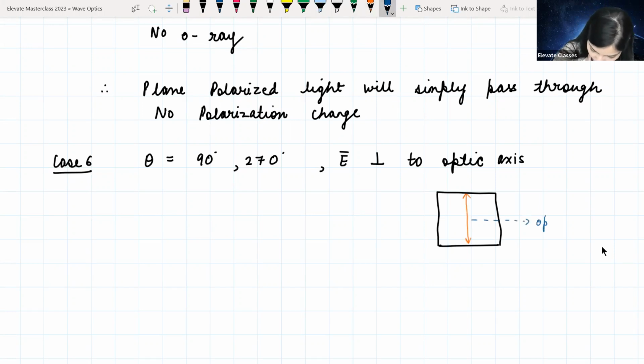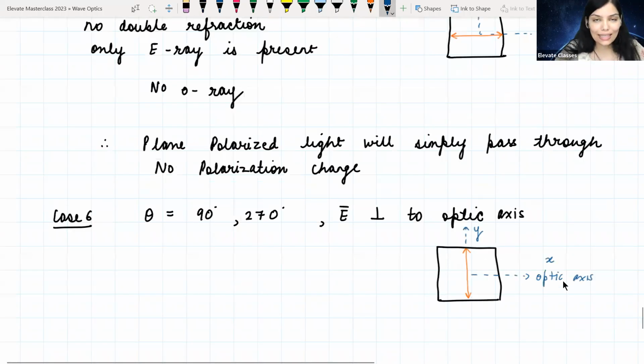And this is my optic axis along X. And this is the Y axis. ठीक है, so अब क्या होगा? मेरे पास कोई E ray नहीं बनेगा because there is no non-zero component of this beam which is parallel to the optic axis. So again, this beam will just pass without any change.